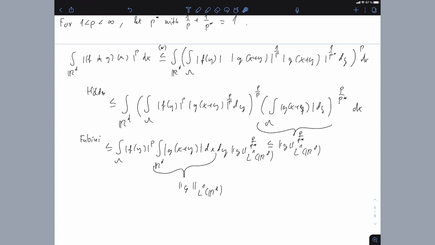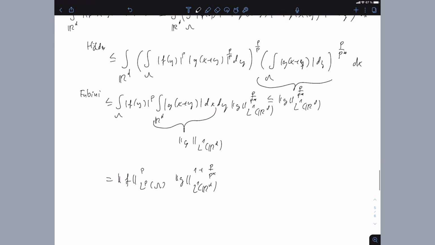And what remains is the L^p norm of f to the p, and g in the L1 norm. And now we have 1 plus p divided by p star. Yeah, because we have p divided by p star here, and here's another 1 that has to be added because it's a product.